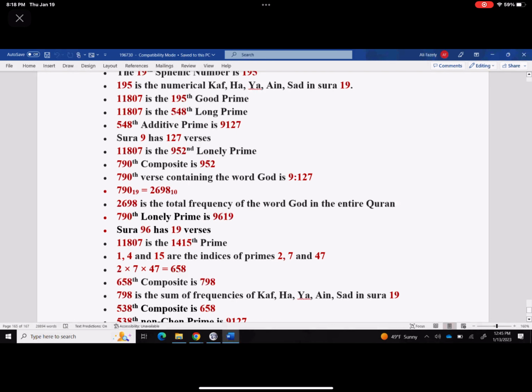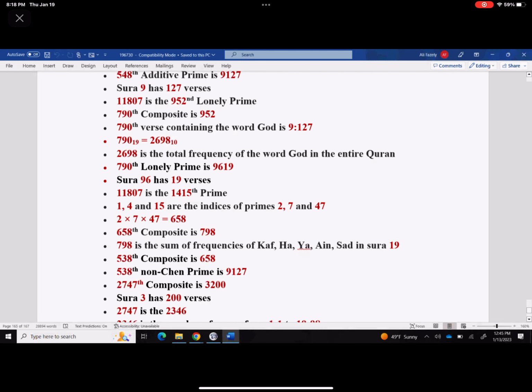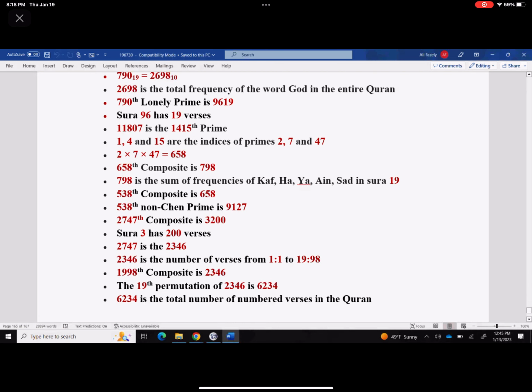Okay. The 538th composite happens to be 658. These are old stuff I'm just repeating for you. The 538th non-Chen prime is 9127. The 2747th composite is 3200. Surah 3 has 200 verses.